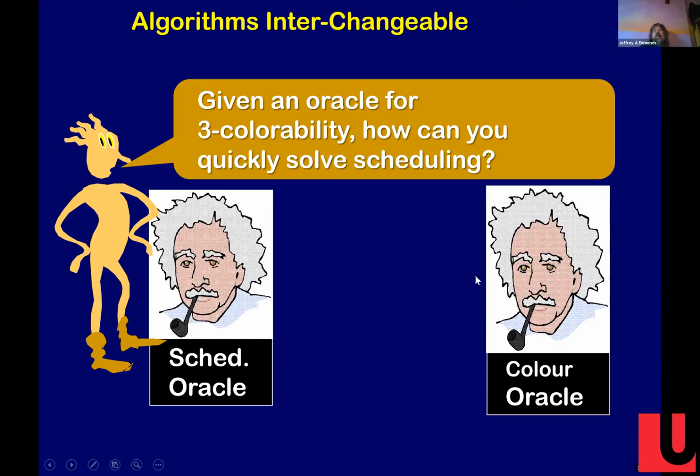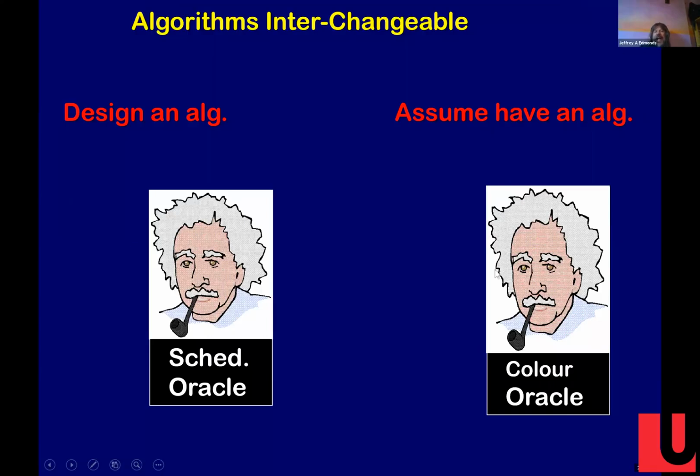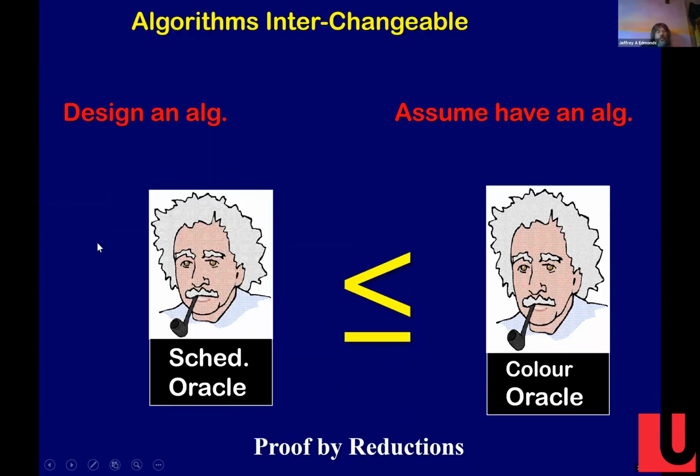All right, so now what did we mean by if you could solve one fast, you could solve the other fast? Well, suppose I had an algorithm that could solve the coloring fast. Then I'm going to design an algorithm that can solve scheduling fast. How? And that's going to prove that the scheduling problem is somehow easier than the coloring problem, right?